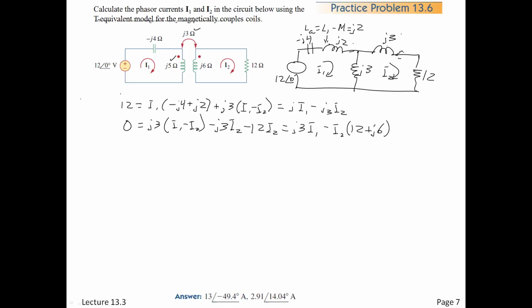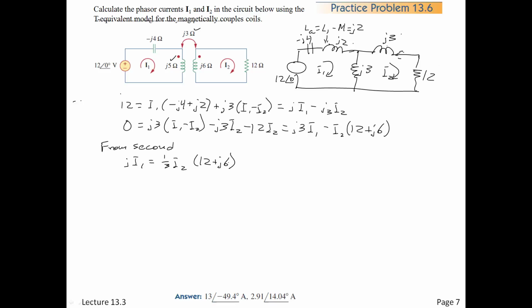So now we can take the second. From the second equation, we're going to get J I1 is equal to, things get a little dicey here, 1/3 of I2 times 12 plus J6.